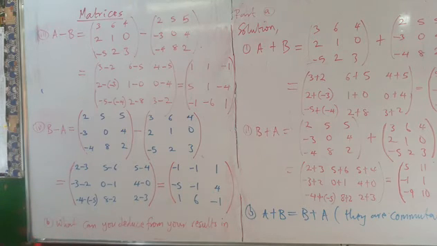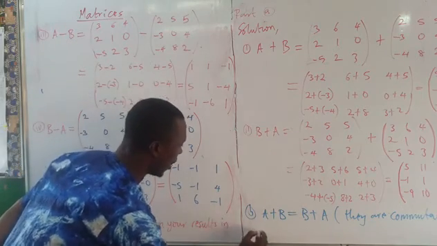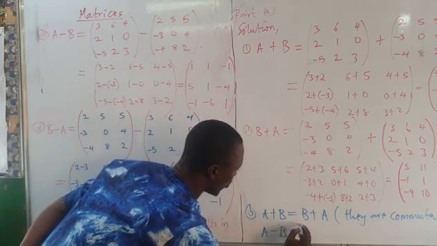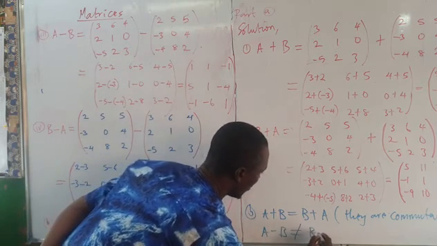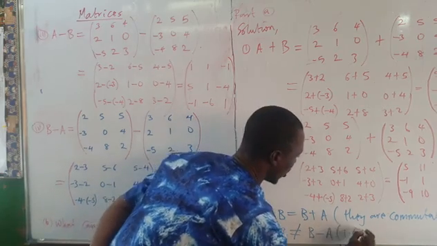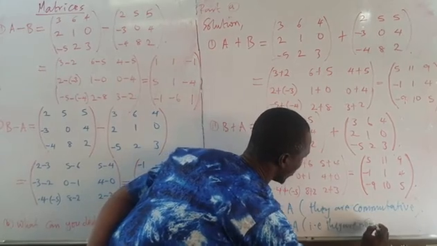So they are not commutative. We can now conclude that A minus B is not equal to B minus A. That is, they are not commutative.